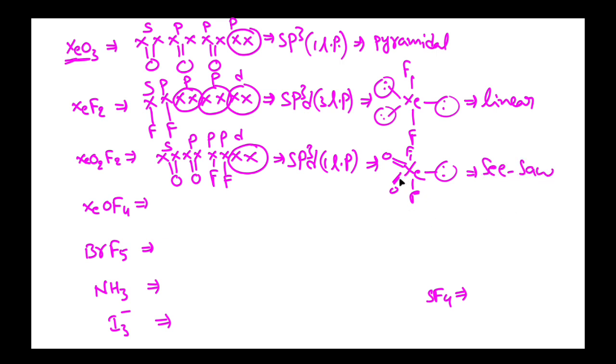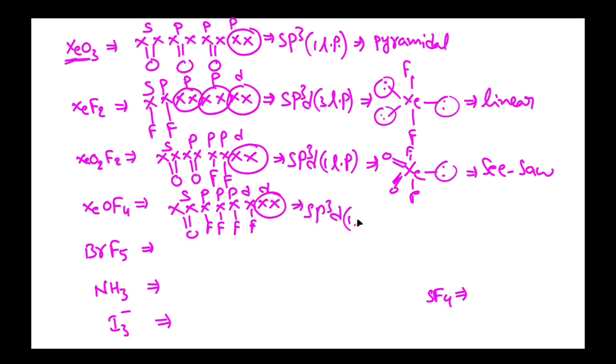Seesaw arrangement. Then XeOF4. Same like that, xenon has 8 valence electrons. It is bonded with 1 oxygen and 4 fluorine atoms, and 1 lone pair is there. That is s, p, p, p, d, d: sp3d2 with 1 lone pair.